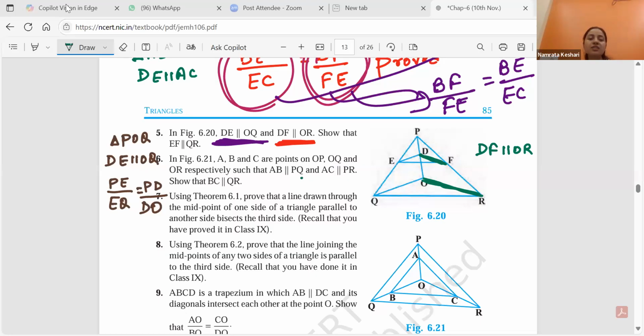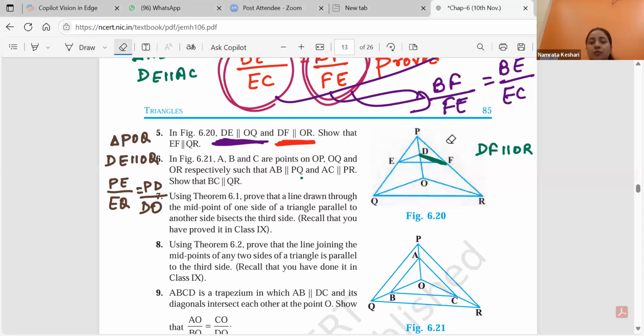But I'm just telling you which triangle to pick from here on the basis of DF being parallel to OR. Here you are able to see 4 or 5 triangles, so many things, but clearly I'm talking about the bottom one. Let me give you more clarity about this figure, because you should not get confused by such figures in mathematics.